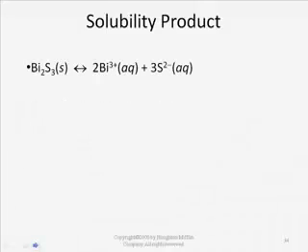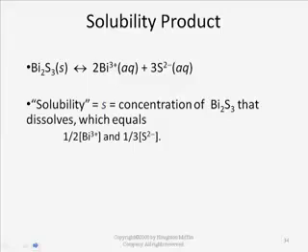Okay, so here's an example that we did here. Now, this was a key thing to remember, the difference between the solubility product constant and the solubility. The solubility is the concentration or the molarity that dissolves, which means, given this, for every 1 of this bismuth sulfide, we get 2 moles of bismuth and 3 moles of sulfide.